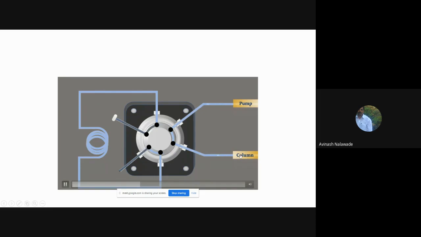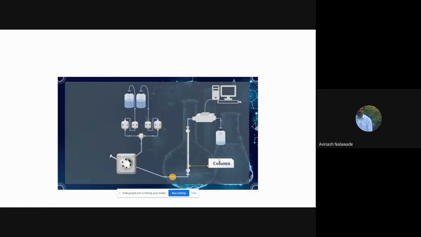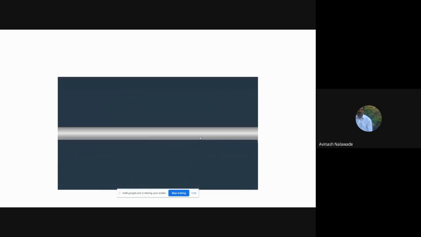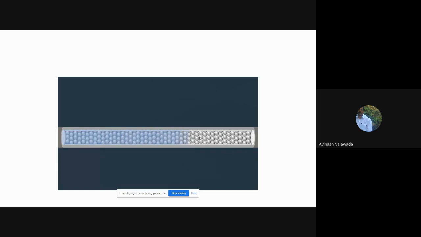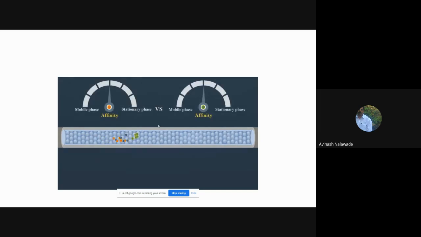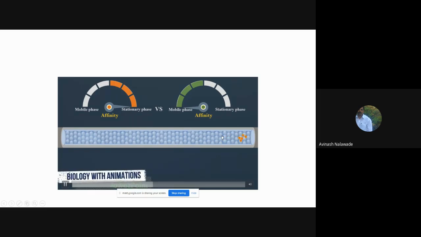Okay, and we will now see what happens when it goes into the column. Now see here how it is separated. Okay, so here is the stationary phase and the mobile phase composition in this case, and how separation takes place in the column.